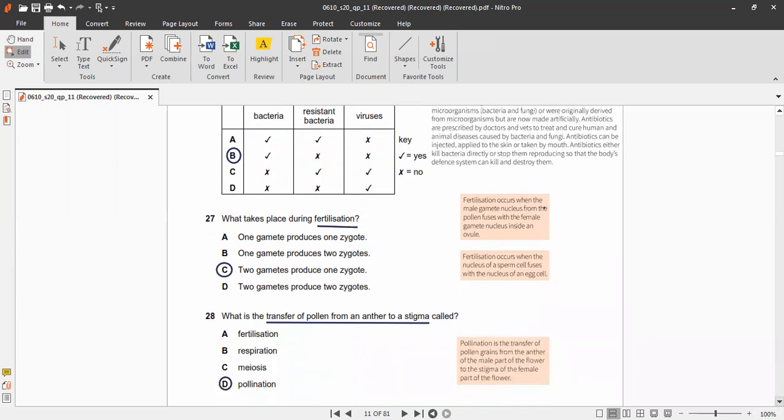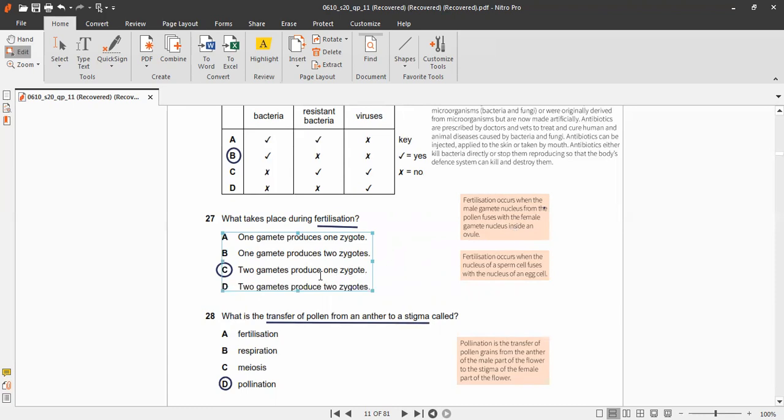What takes place during fertilization? Fertilization occurs when the male gamete nucleus from the pollen or sperm cell fuses with the female gamete nucleus of an egg cell or inside an ovule. So what happens here?